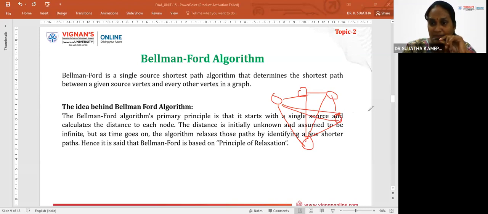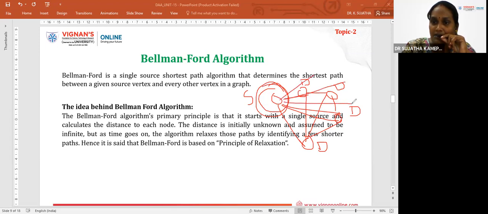Like this, your graph is present. So the Bellman-Ford algorithm takes one vertex as the source vertex, and it considers all the remaining vertices as the destinations, and it goes for finding the shortest path from the source vertex to all destinations. So this is to be called the Bellman-Ford algorithm.